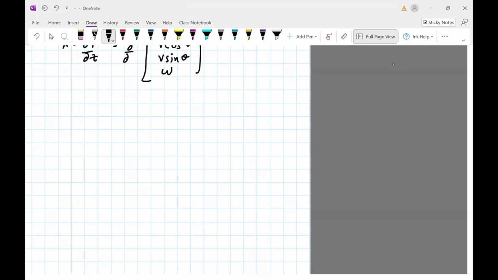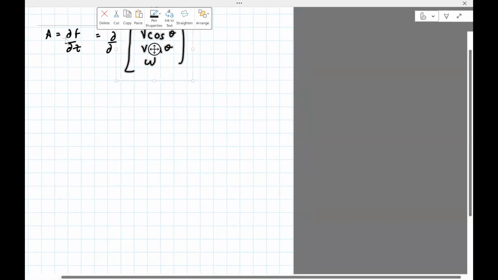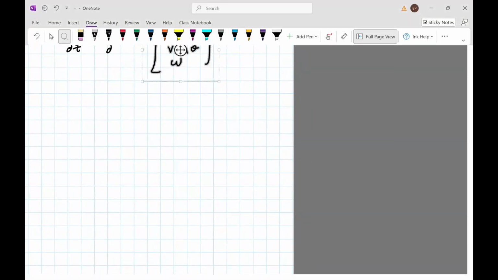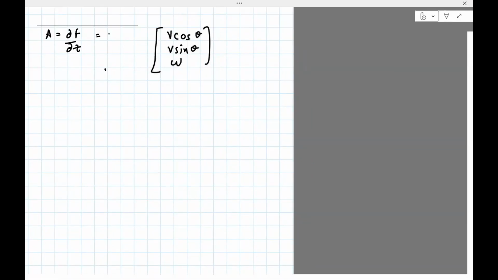Okay, so A is df dz, which is d dz of v cosine theta, v sine theta, omega. If you want, you can write this as d of that over d of x, y, theta.